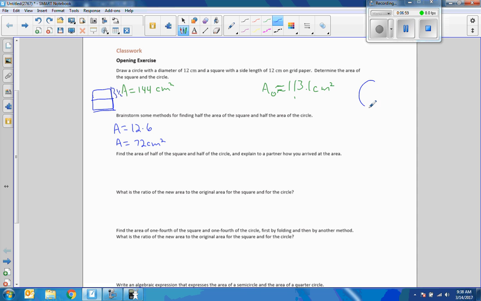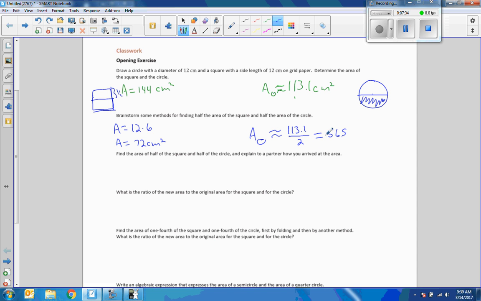So if I'm talking about my circle that was over here, and I want half of that circle, then I'm just finding the area of, say, the shaded region. And if the whole thing was 113.1 centimeters squared, the area of half the circle, the area of the semicircle, would be approximately 113.1 divided by 2, which would be 56.5 something.